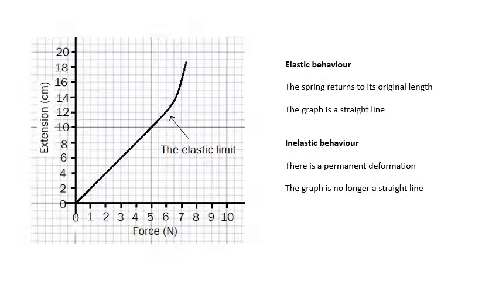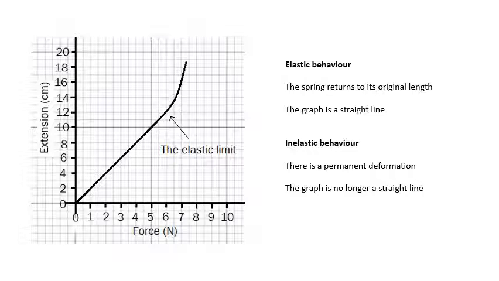Okay, basically you'll knacker it. And this is called inelastic behavior, or another name for it is plastic behavior. Inelastic behavior, there is a permanent deformation. There's a permanent extension if you're stretching it, and the graph is no longer a straight line.